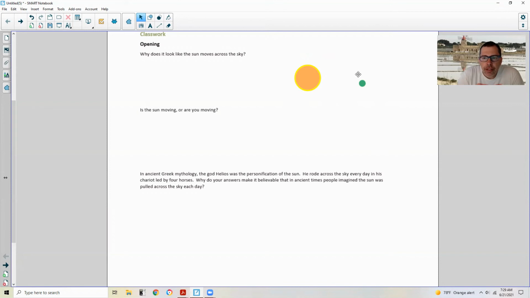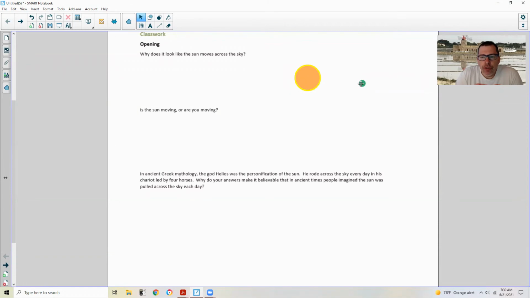But it rotates as it's going around, and it rotates one full rotation every 24 hours because the Earth's circumference is approximately 24,000 miles at the equator, and it's rotating at about 1,000 miles an hour.